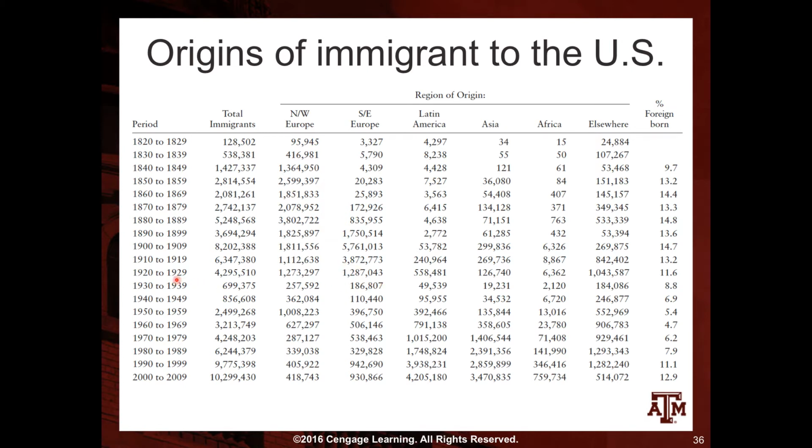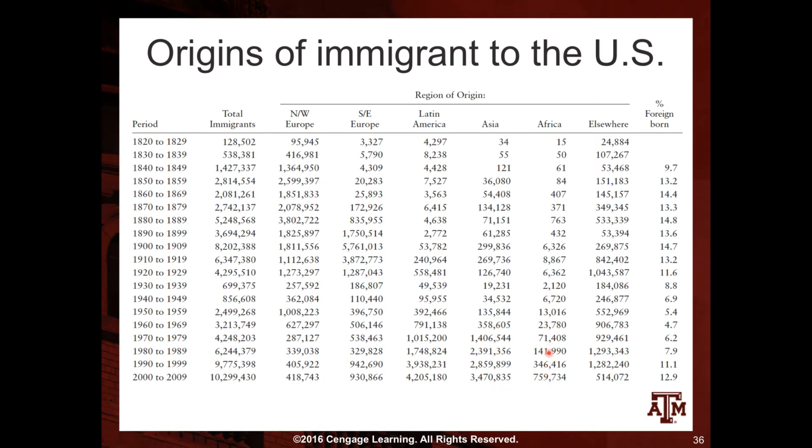And what you see after the 30s is a decline in the number of immigrants coming from Europe, and then an increase of immigrants coming from Latin America, and also from Asia, and even from Africa, in more recent years.